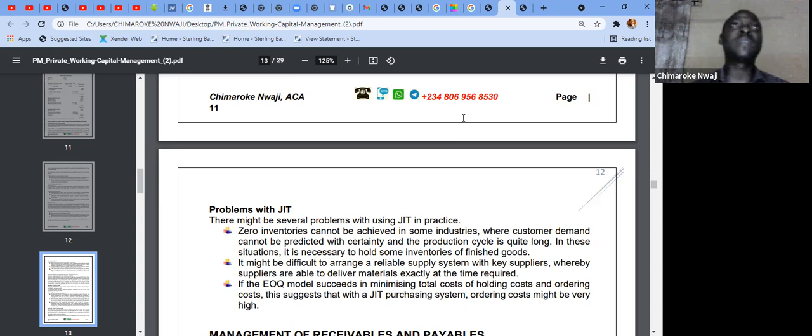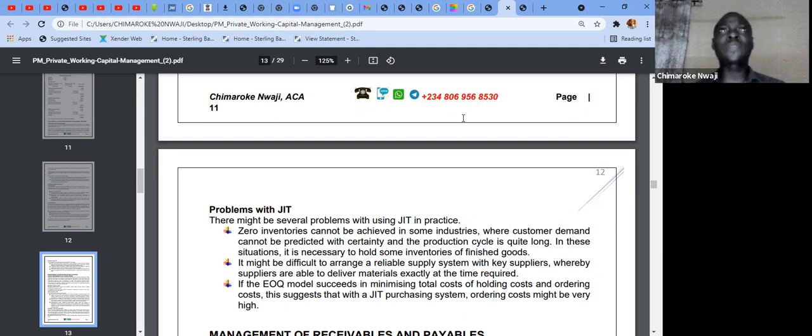So sometimes you might have good suppliers, especially in Lagos, where the hold-up is terrible. You might run into a problem of delivery where the time must be exact. Sometimes they have all these delivery companies, but the problem with Lagos hold-up is that sometimes you may need to place your order in time.